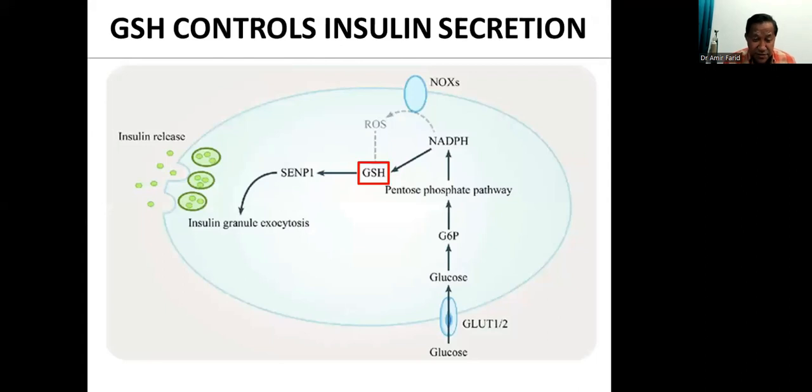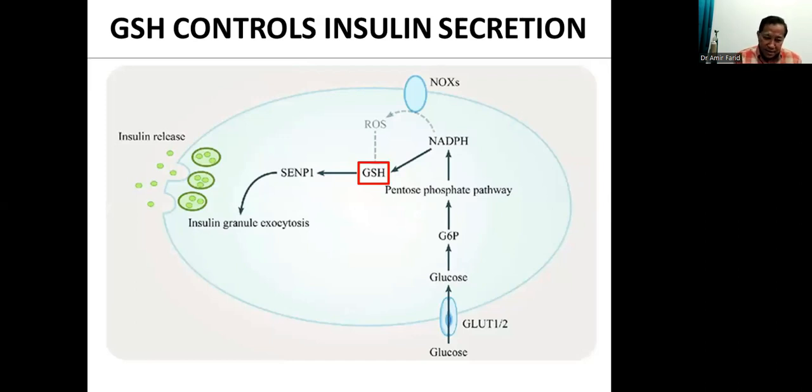Okay, finally, just to share with you, glutathione not only improves insulin sensitivity or reduces insulin resistance. In fact, it also plays a role in the beta cells in regulating the release of insulin, right, to the blood. All right, the insulin release is through a process called exocytosis, right?